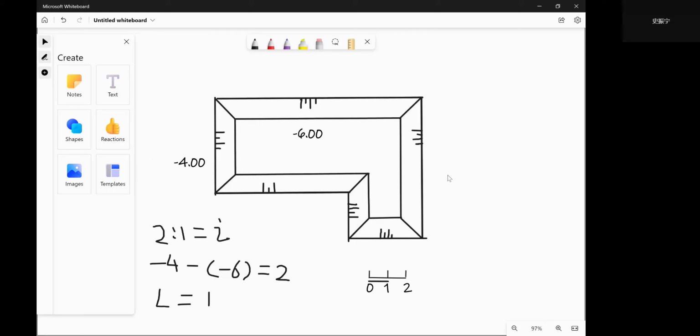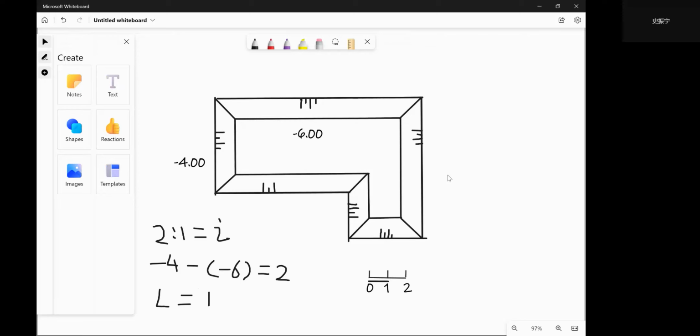Maybe I will give you 6 or 7 questions, and 2 of them are about the topographic drawing, and the others are for the three direction views or the section views and the cross section views.